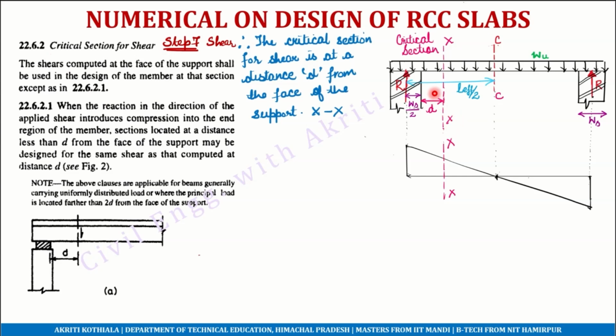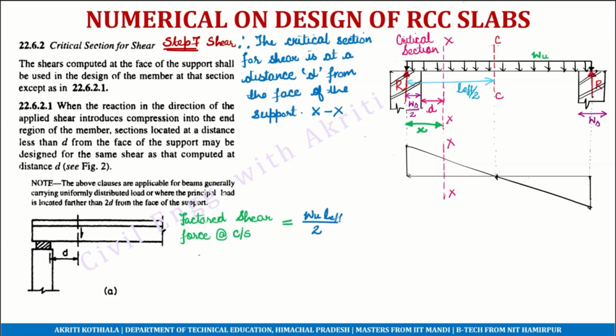Now what we have to do is calculate the value of shear force at the critical section, which can be simply calculated using Wu upon 2 into L. That is simply the reaction force which we will be experiencing at the support. So it will be WuL upon 2, where L is the effective length.